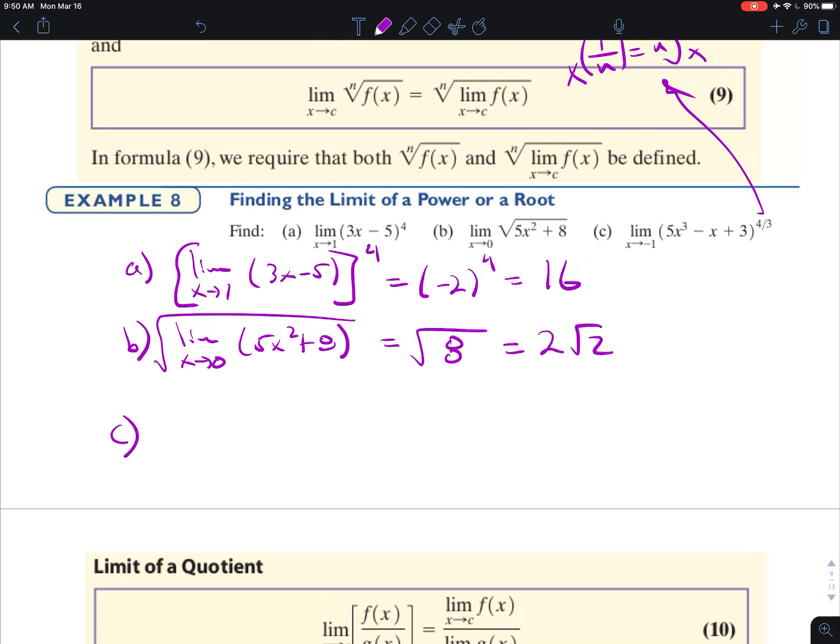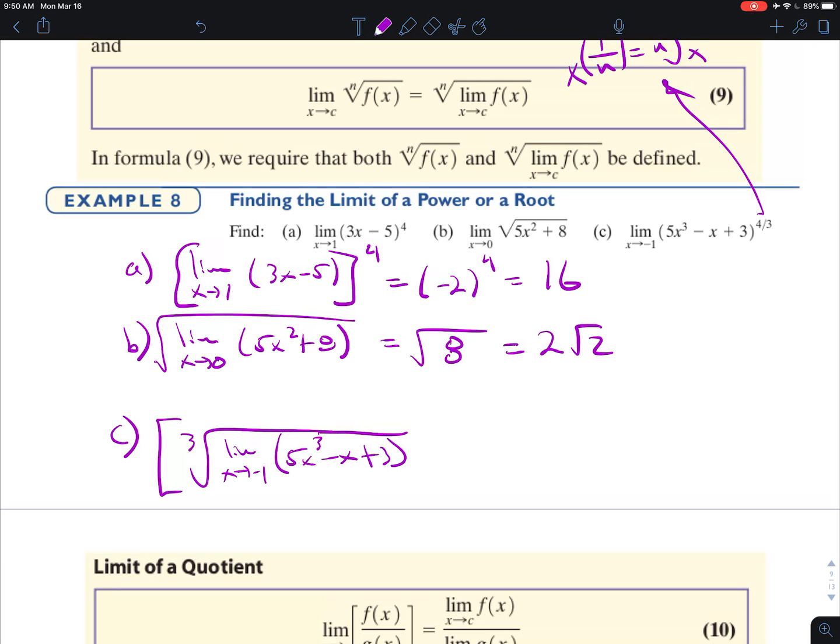Since this is 4 over 3, this is actually going to be the cube root of the limit as x approaches negative 1 of 5x cubed minus x plus 3, and then the whole thing to the 4th power, which is equivalent to taking the entire limit to the 4th power and then cube rooting that entire thing. So I'll write the equivalency here.